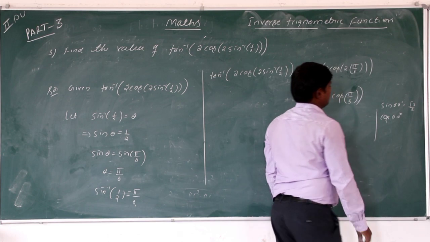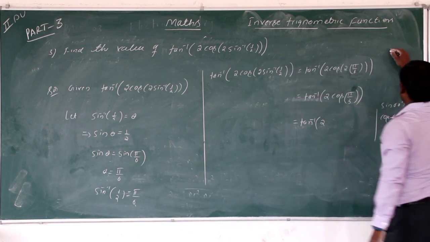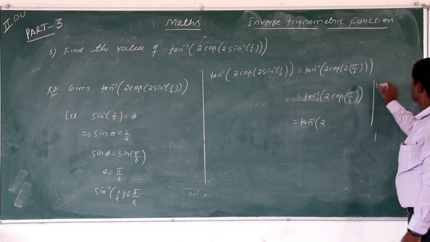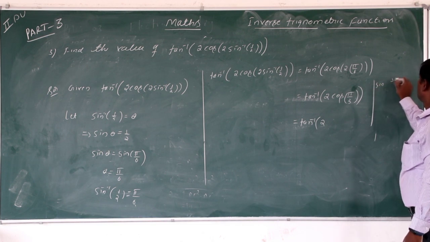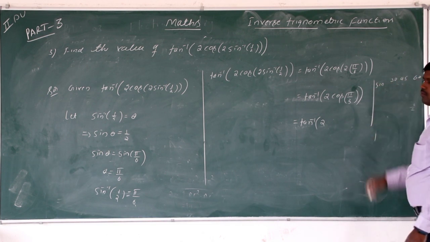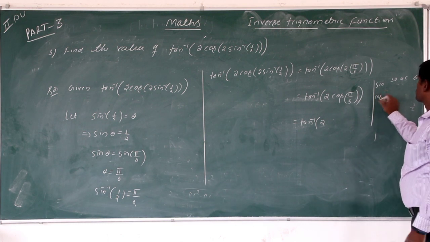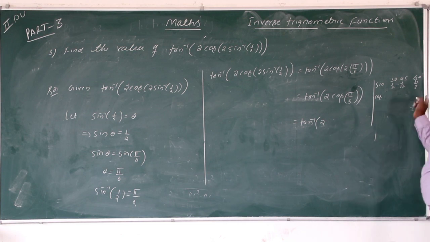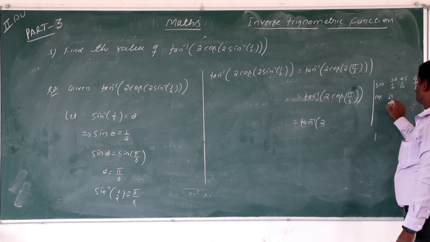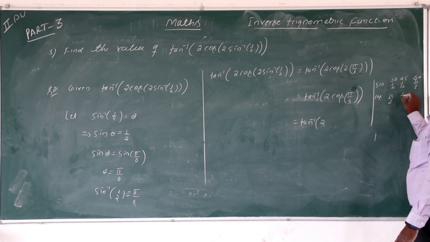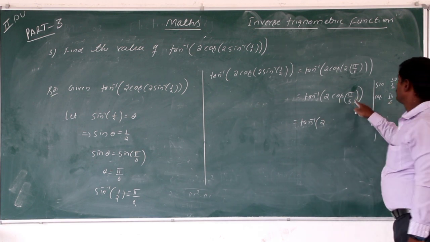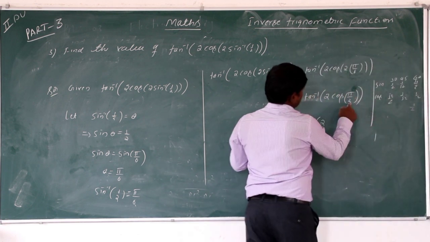If you have any confusions, write the table for sin and cos at 30, 45, 60. So cos is 1 by 2, and sin is root 3 by 2, so reverse around: root 3 by 2 and 1 by root 2, and 1 by 2. So therefore cos of 60.